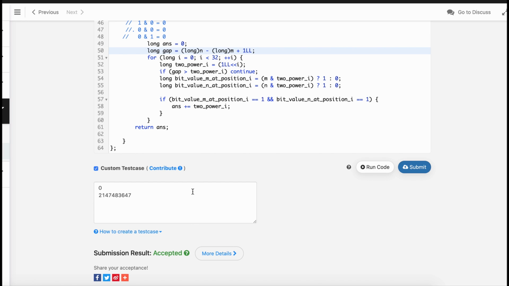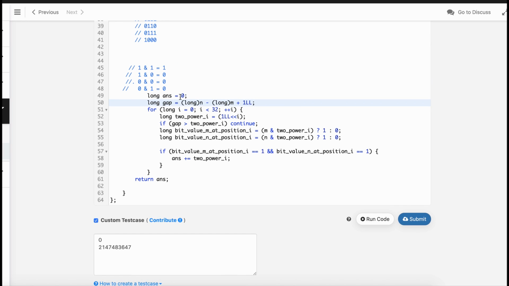Accepted. There was overflow while calculating gap.